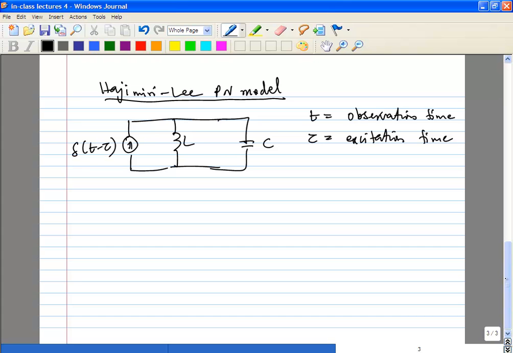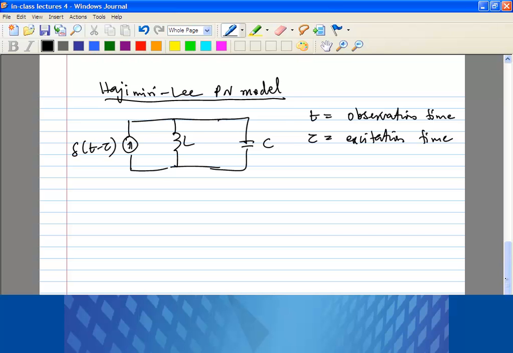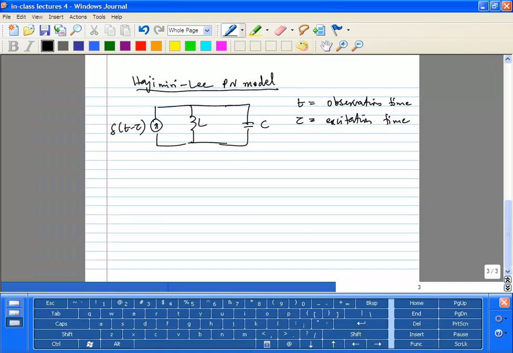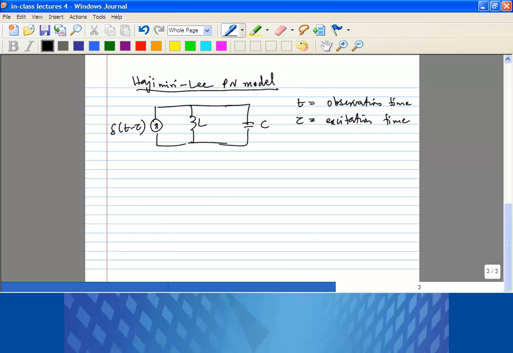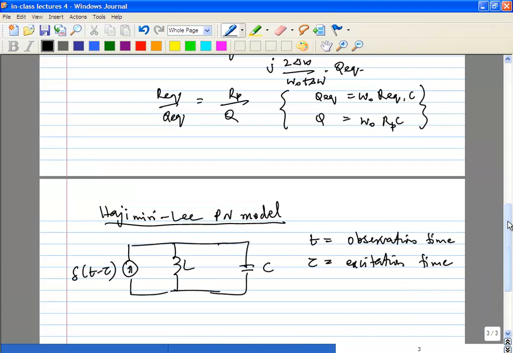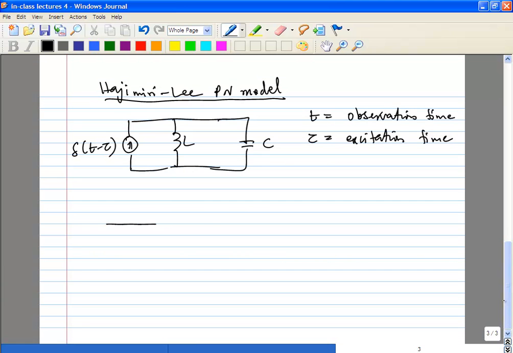One is t, other is tau. If you look at some noise which is injected here, what happens?